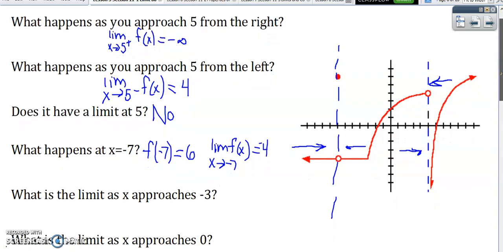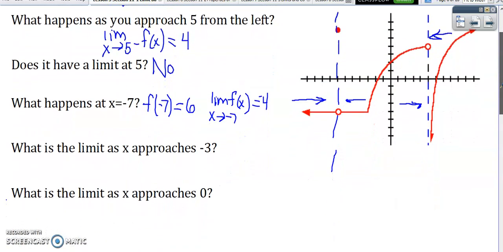All right, how about what is the limit as x approaches negative 3? So negative 3 we can see here. I find it helpful to draw some kind of line. Man, that's crooked, I'm sorry. The limit as x approaches negative 3. So we think about what's happening from the left.